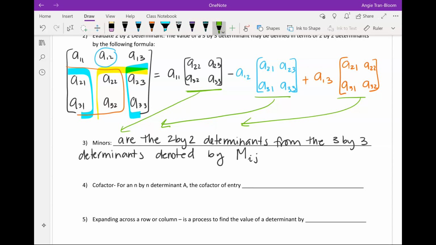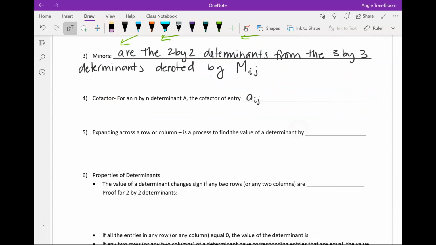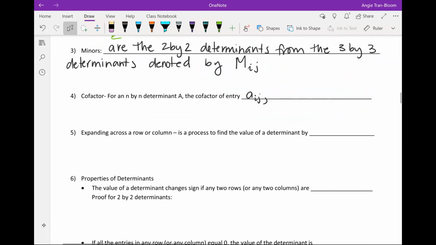Next is the cofactor. Okay. Cofactor for an n by n determinant A. A is a matrix. A is the name of the matrix. The cofactor of entry Aij, denoted in your book by Aij. So big capital A is the name of the matrix.